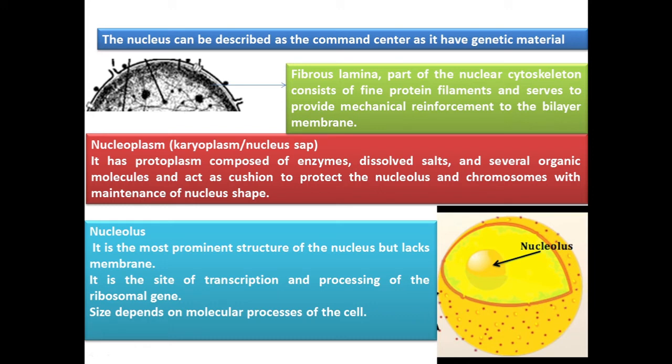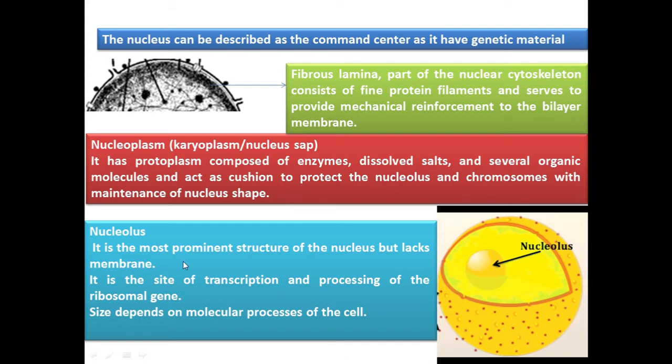Then what is this nucleolus? This is the prominent structure of the nucleus. As the nucleus is the prominent structure of the cell, the nucleolus is the prominent structure of the nucleus.